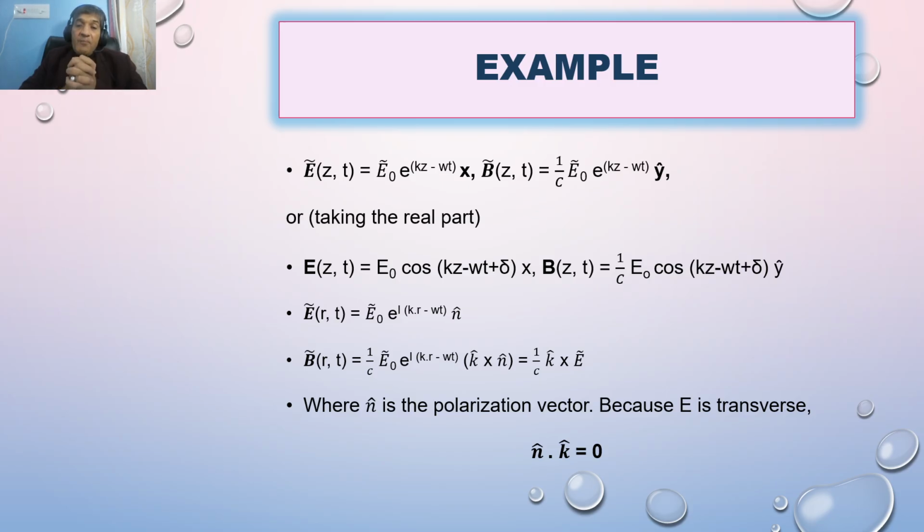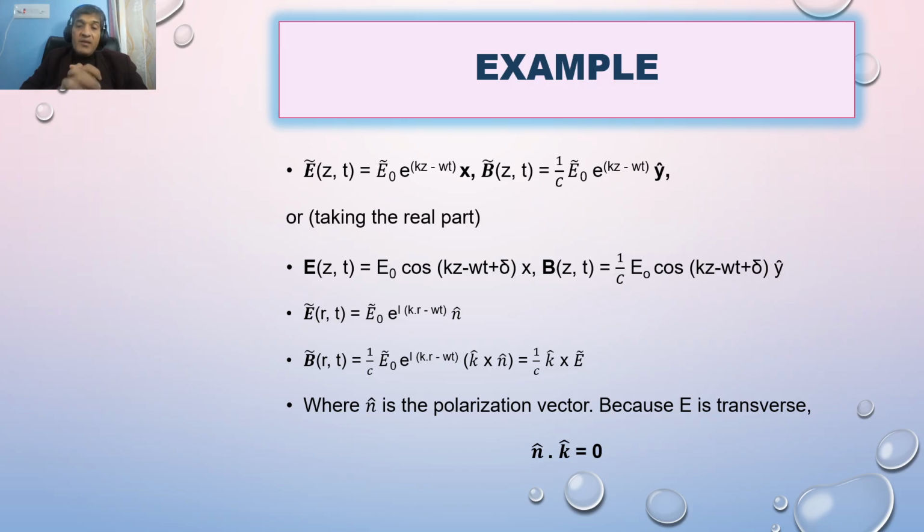Here we have B equal to E naught by c, or B equal to B naught e raised to the power i(kz minus omega t). Here z is the direction of motion of the charged particle, or the propagation of the electromagnetic wave. So we have the electric field in the x direction, the magnetic field in the y direction, and the wave propagating in the z direction.